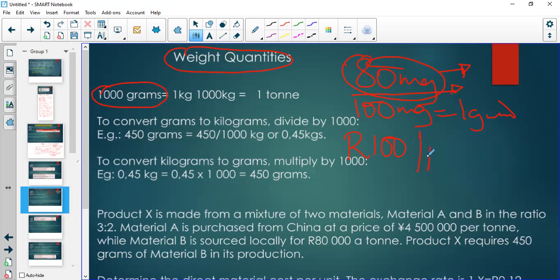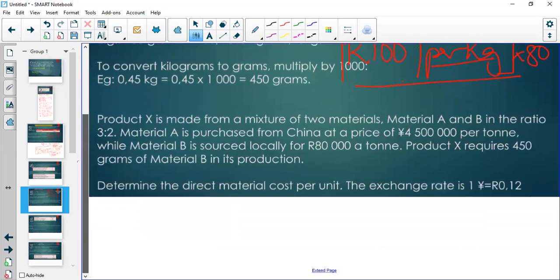So 100 rand per kilogram, right? So 100 rand per kilogram, as you can see, is the standard price, because that's the price per kilogram. But here we have 80 milligrams. So we can't say 100 multiplied by 80, because this shows that we are very confused, right?